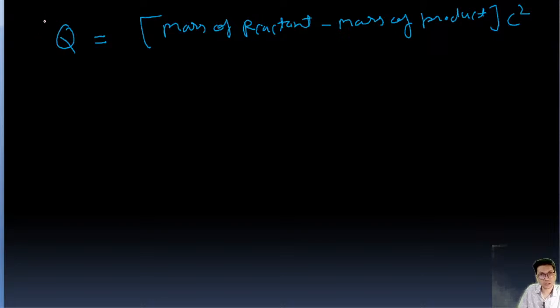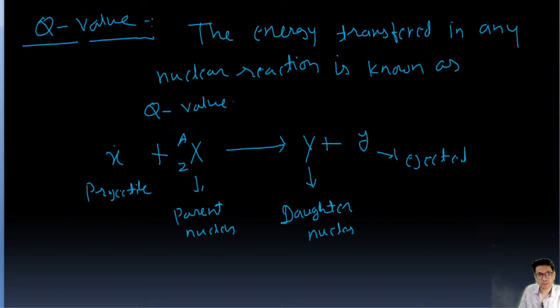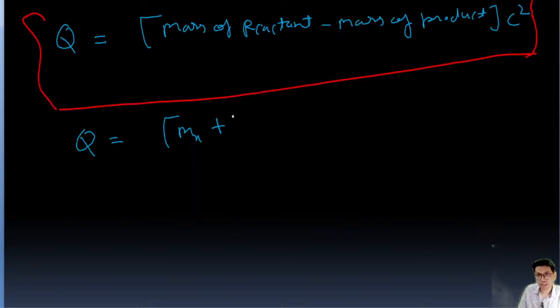So Q is going to be small mx plus capital Mx minus capital My minus small my, into c square.